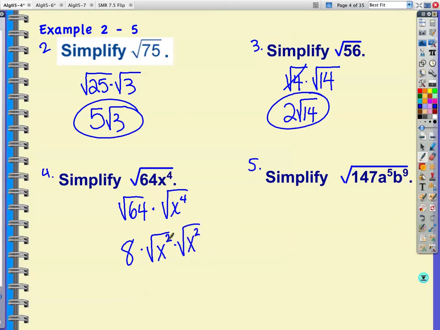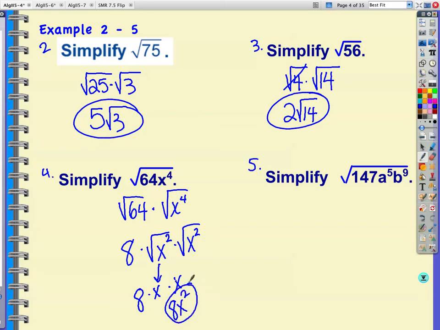Well, x squared times x squared, when you're multiplying with like bases, you add your exponents, it gives you this. All right? What is the square root of x squared? Just x. And what is the square root of x squared? Just x. Because the squares and the square roots kind of undo each other. So really, I have 8 times x squared, I would write that as 8x squared.